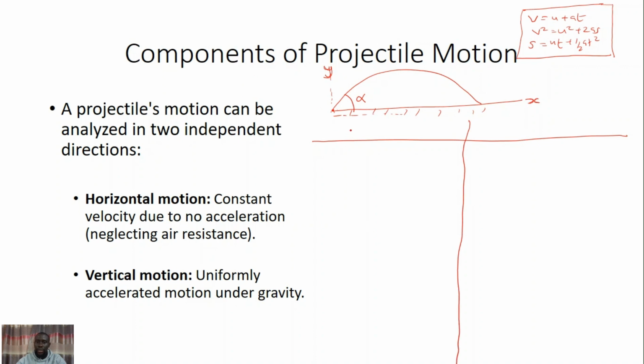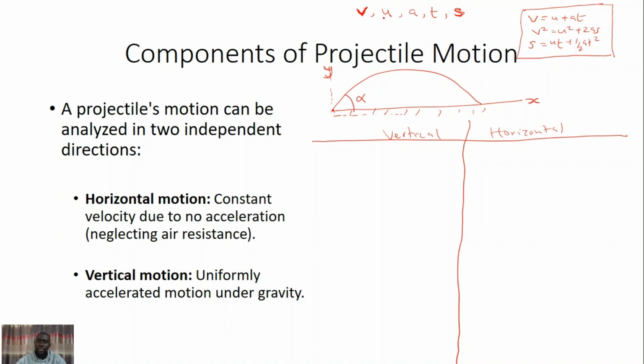And for each of these components, we are going to look at the different parameters: the final velocity v, the initial velocity, which is u, the acceleration, which is a, the t, which is time, and the s, which is the displacement. Okay.